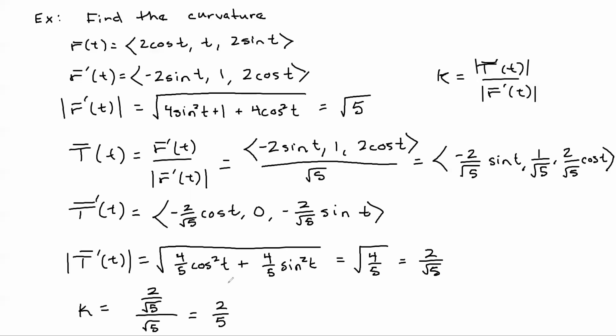So do you always end up with a constant curvature when you're going through and using this? No. If you're working with something that doesn't have a circle basis to it, then here at the end you'll have t's in your curvature result. And then in that case, you could think of the curvature as a function where you could go through and plug in a t input and then get out a curvature for that t value.